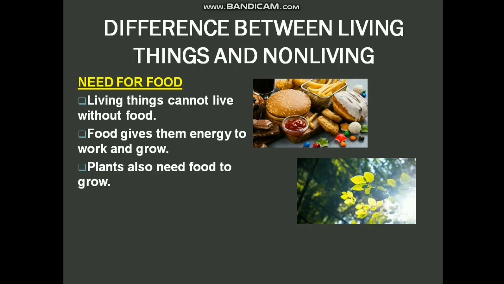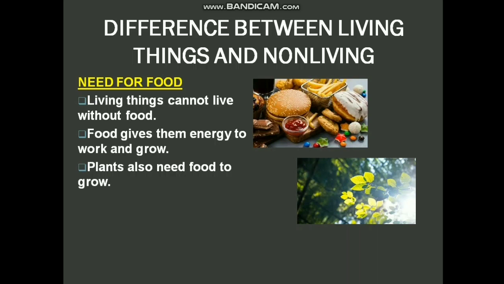Now the next difference between living thing and non-living thing is on the basis of need for food. Living things cannot live without food. Food gives them energy to work and grow. Plants also need food to grow. Now, can we survive without food?